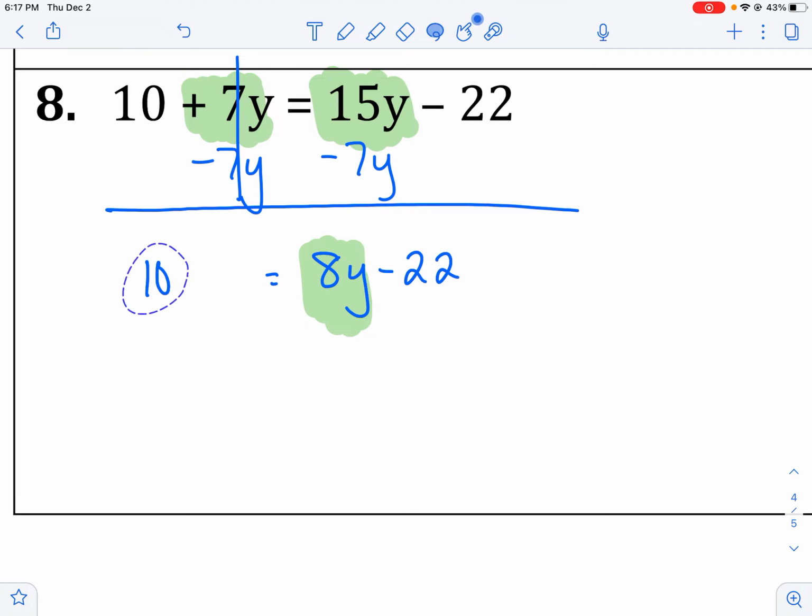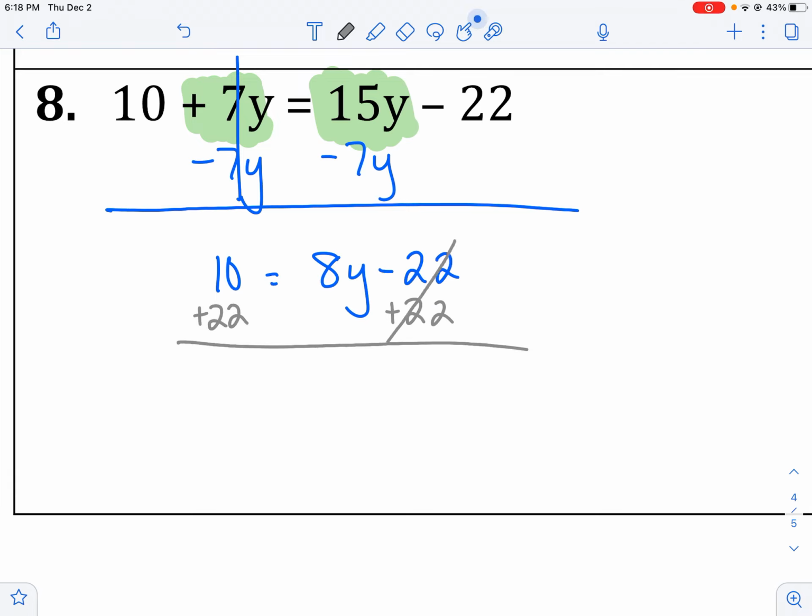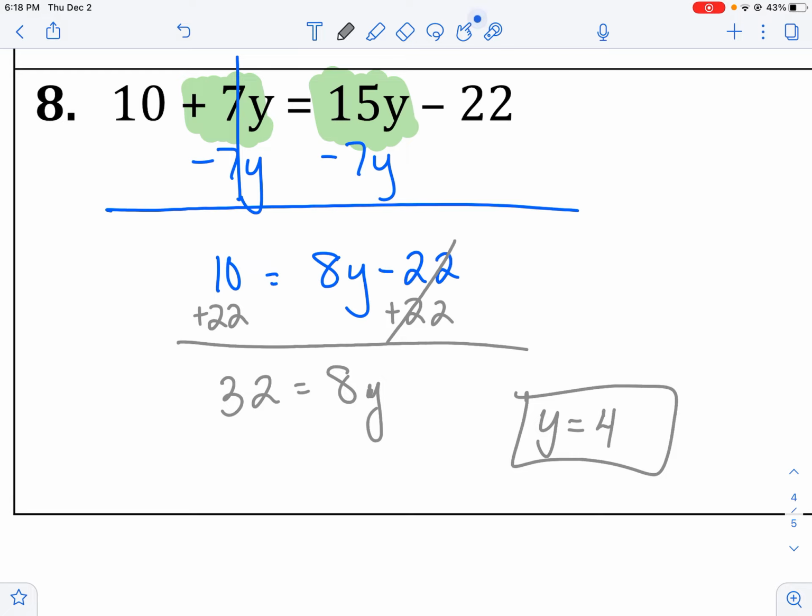So if I want to get 8y by itself, what's over there with 8y that I need to get rid of? I need to undo that minus 22. So I would add 22 to both sides. And I would have 32 equals 8y. And then here I see multiplying, so I would divide by 8. And y would be a positive 4.